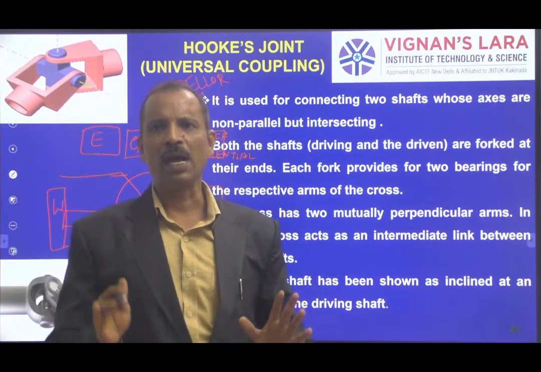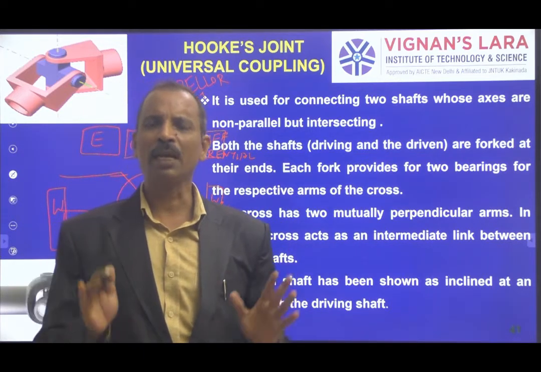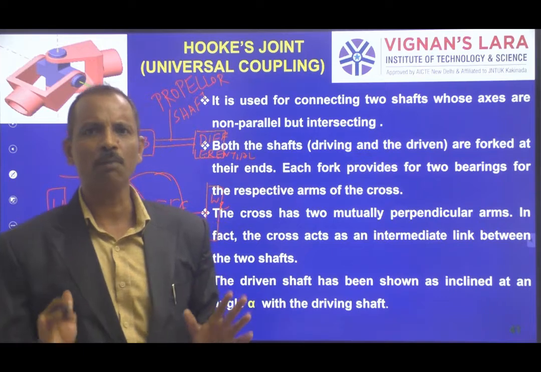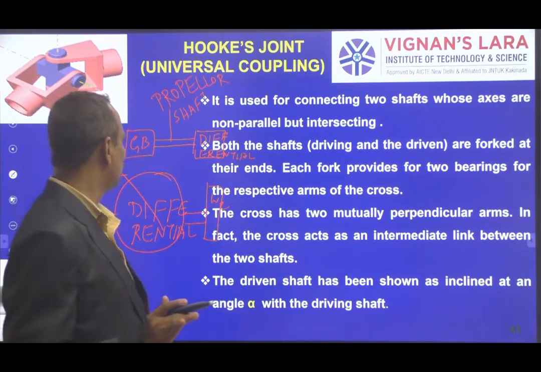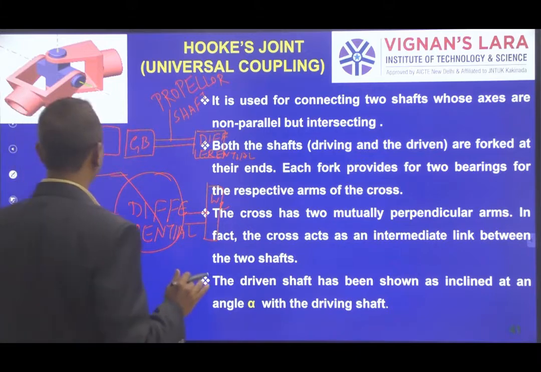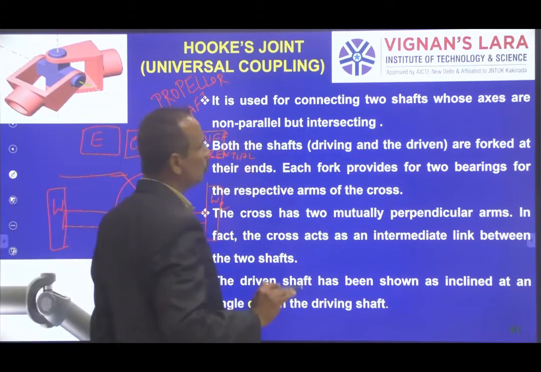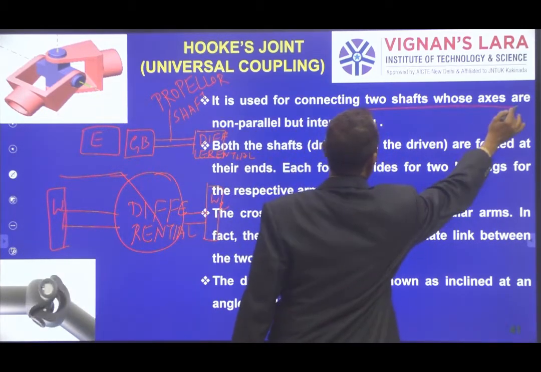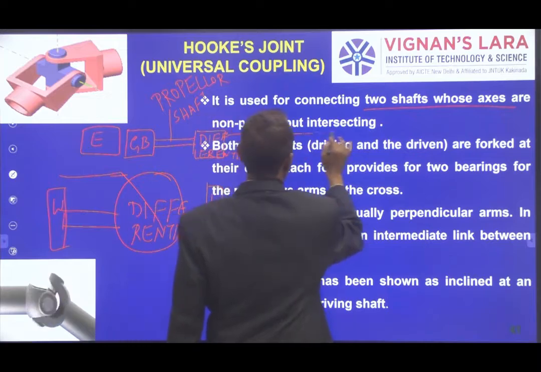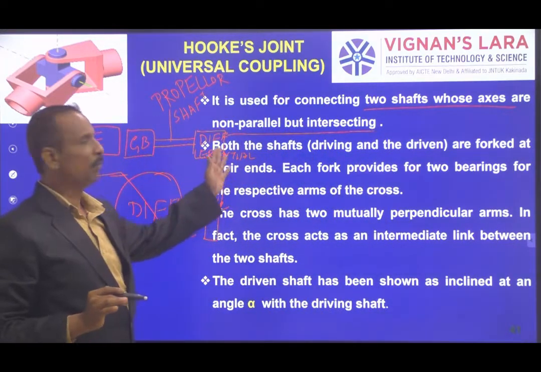For that, I need some angular position to be shifted as per my requirement of tires moving up and down, isn't it? That is what I can show you here. So this hook joint is basically used to connect two shafts whose axes are non-parallel but intersecting.